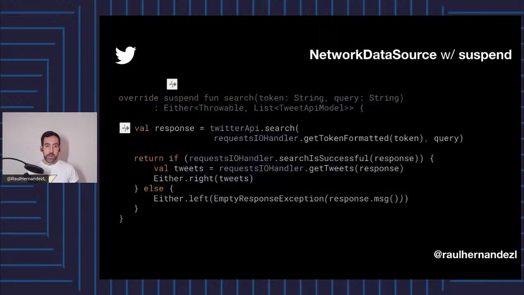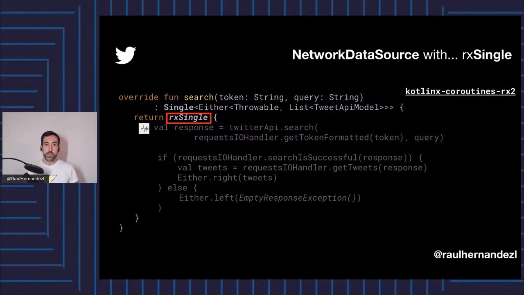So we'll use that with the search query for the Twitter API. We'll return a response. We'll check that it's successful. Then we'll go on. And then we'll get the tweets from the network, and if everything is all right, we return this with Right, with the tweets embedded there. But if something is wrong, the Left side will be embedding this with the wrong response, something very similar to Result in Kotlin.